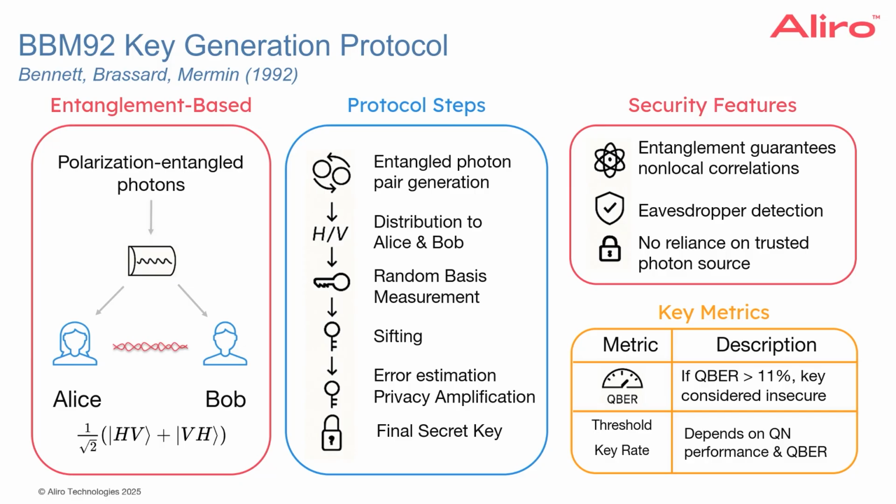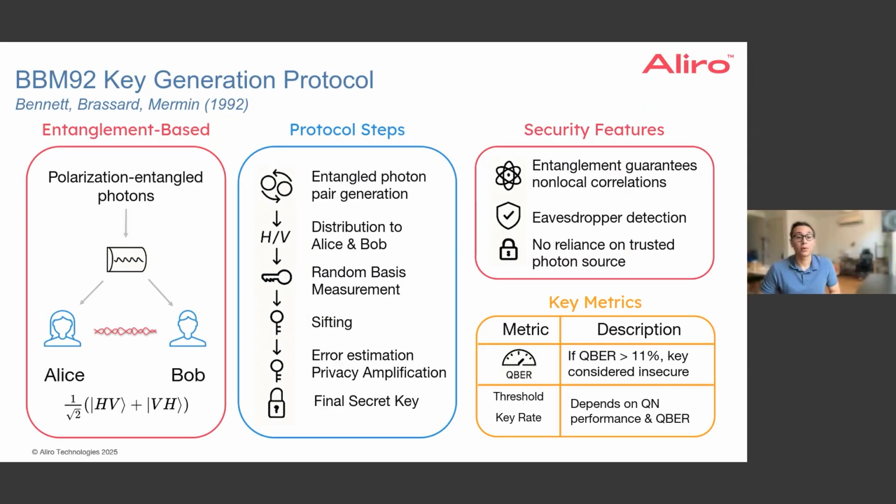Now there are different ways to measure the polarization of a photon, and the idea is we want to project the photon that we receive onto a certain basis and way we're actually looking at the polarization. So we actually need to randomly select which basis we're going to measure in, whether it's the horizontal vertical basis or the diagonal anti-diagonal basis, which is another way of projecting these states onto something that is measurable.